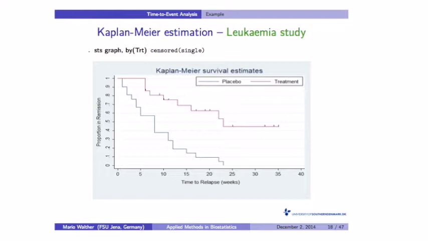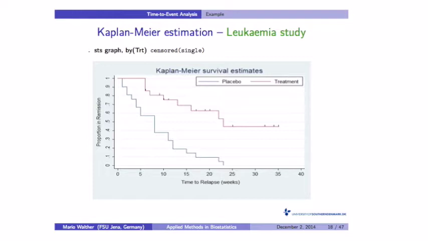For the estimation of this smooth curve, you get from the Kaplan-Meier estimator this step function, an estimation of the smooth curve based on data. The step size depends on the number of subjects at risk at this time and how many events occur at this time.